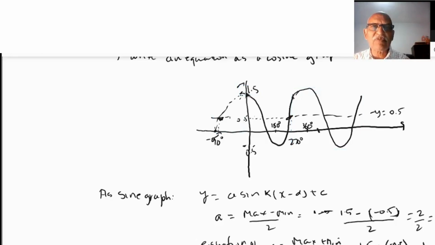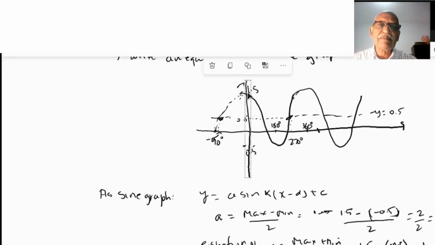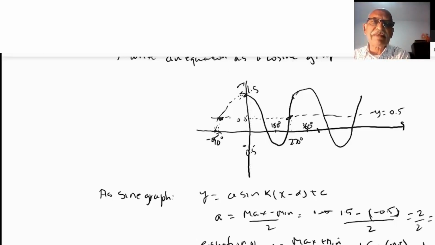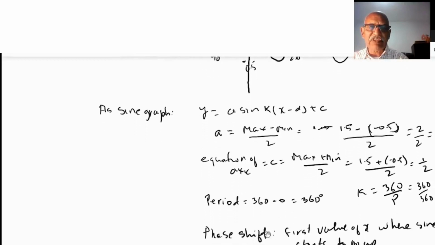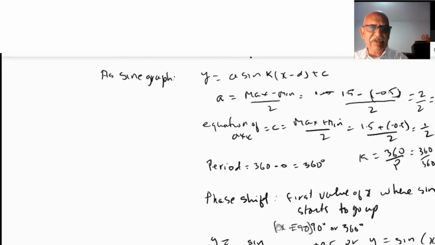So the first maximum is at x equal to 0. The second maximum is at 360 degrees. Therefore, the phase shift is 0. There is no phase shift. I could write 0 or 360, but I write 0.